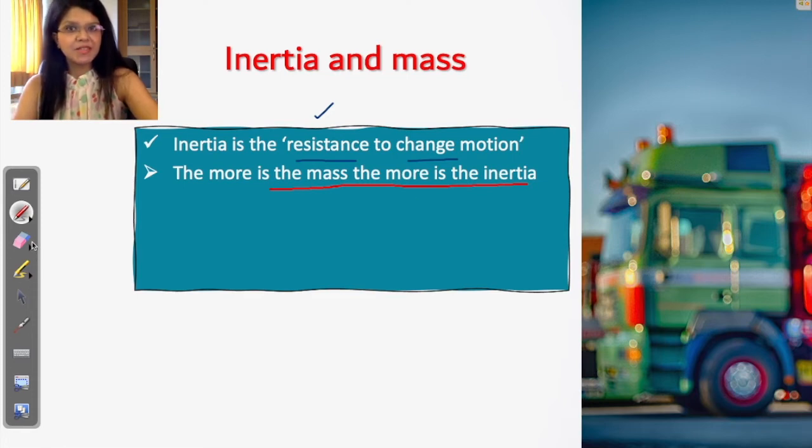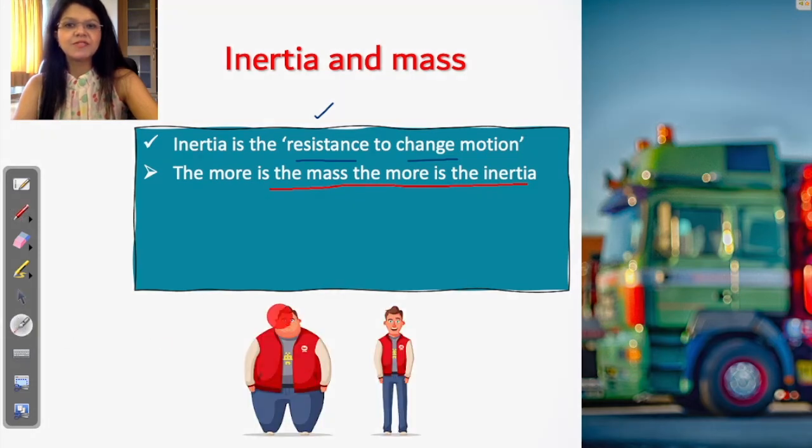Let me explain this to you with the help of an example here. Suppose that you have two people. One has a greater mass. You see the person one in the picture has a greater mass. He's fat. The other person is lean, lesser mass.